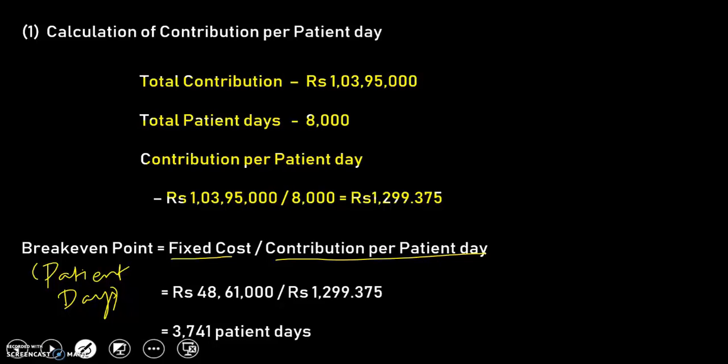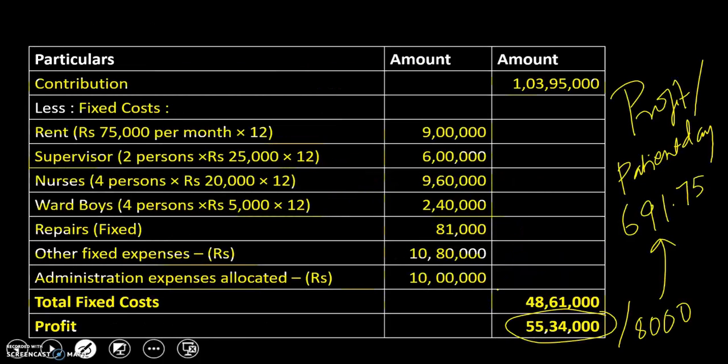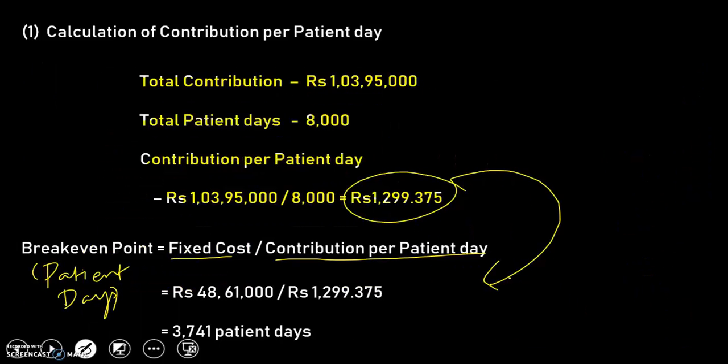How do you know the contribution per day? See, contribution per day, that's what we derived here, right? Probably it is for this purpose this contribution is derived. Fine. 1 crore 3,95,000 is the contribution. Patient days is 8,000, so you get 1,299.375. Divide that from fixed cost. Fixed cost already we derived here, right? 48,61,000. So 48,61,000 divided by 1,299.375, you get 3,741 patient days.